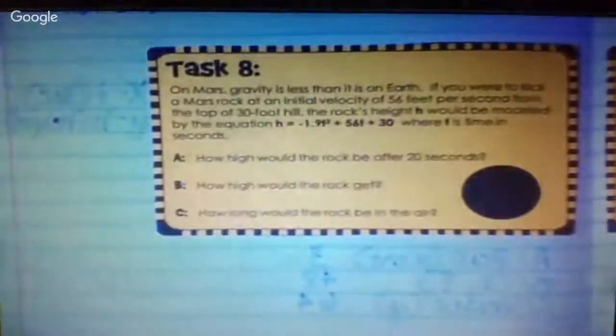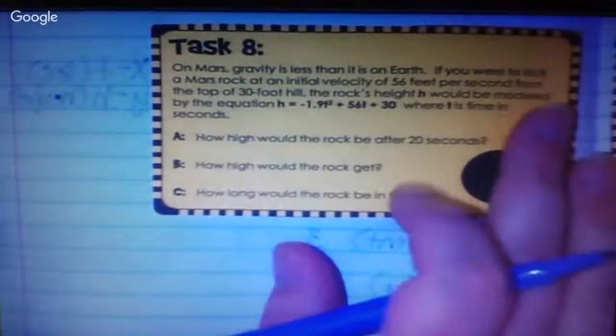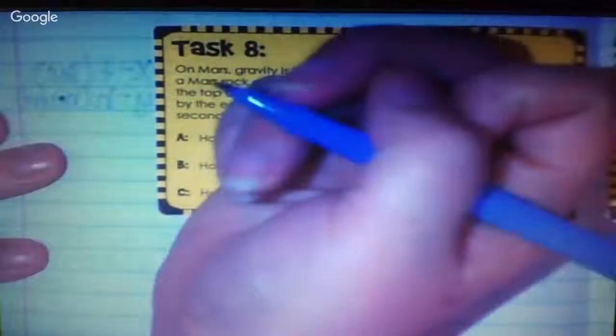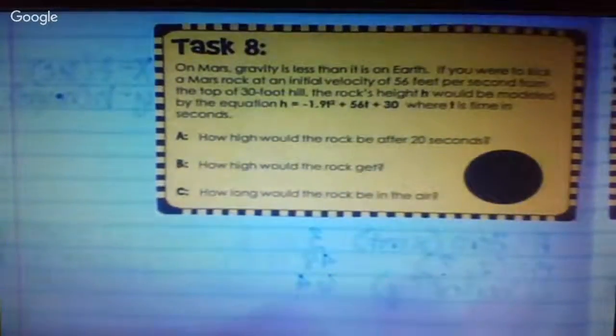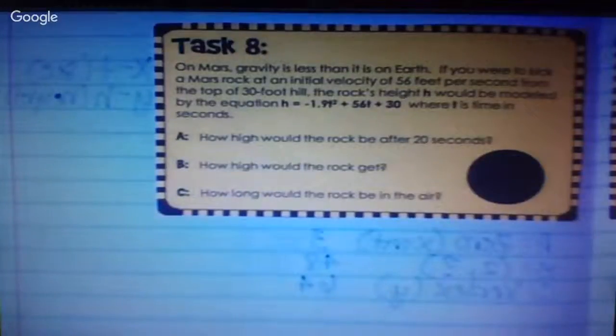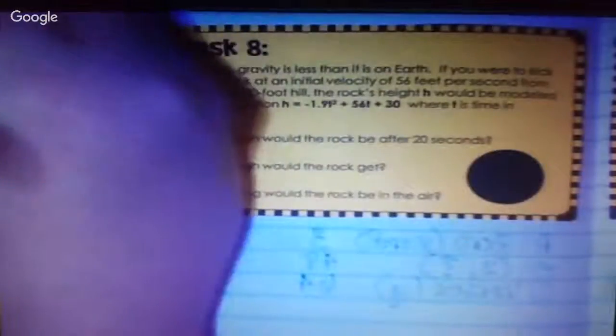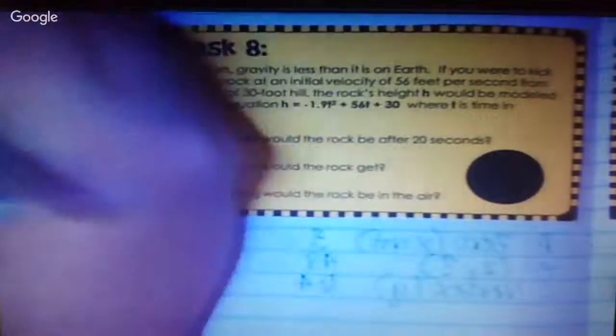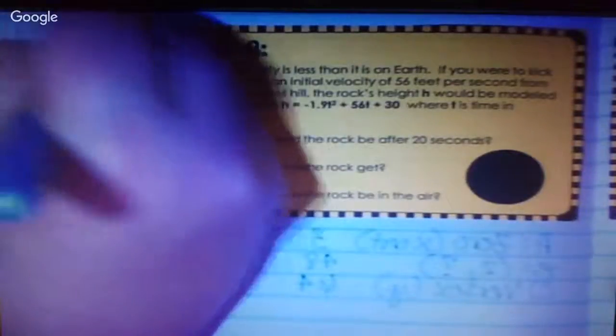Okay. Task 8. Guys, I know that some of you are ahead, but when I am talking, I still need you to zip it, please, so everybody that needs me can hear me. X is time still. Y is your height.